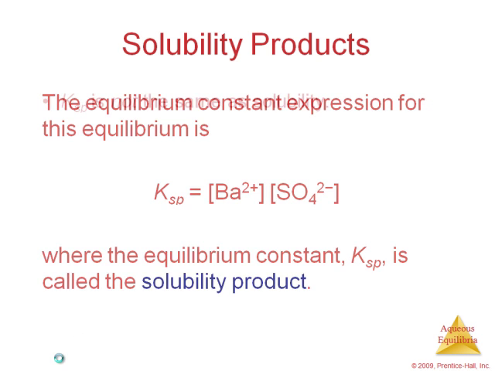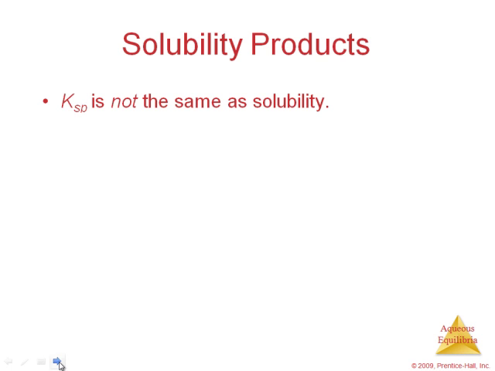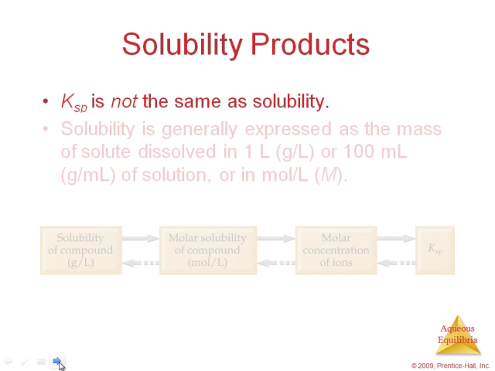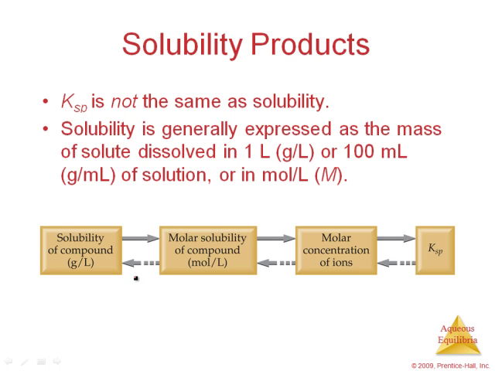Now please do not confuse Ksp, which is the solubility product, with the solubility of something. When we say solubility, it's generally expressed as mass of the solute dissolved in 1 liter, grams per liter, or grams per 100 ml, or moles per liter, molarity.